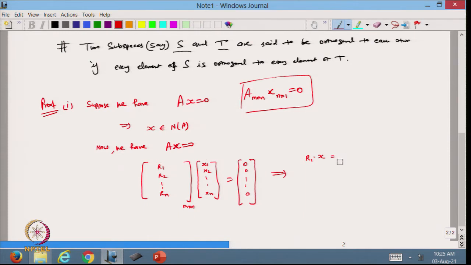Or maybe I can write this directly in matrix form. So I can write R x equal to 0, because it is a row and a column. So it is just the matrix form I can write.